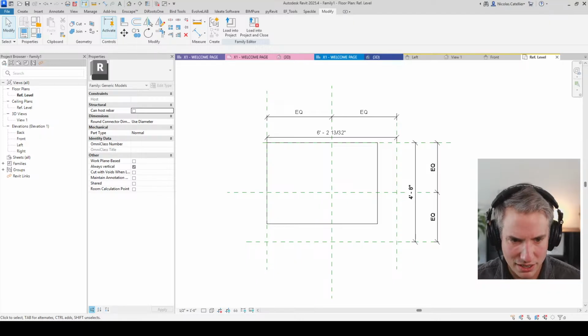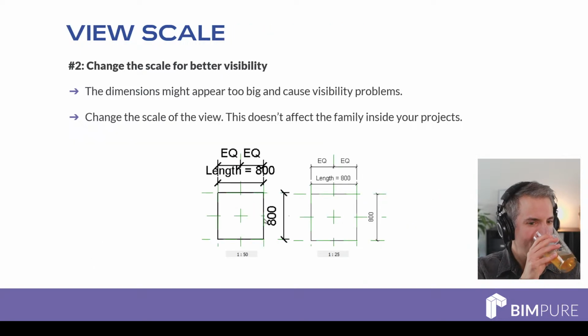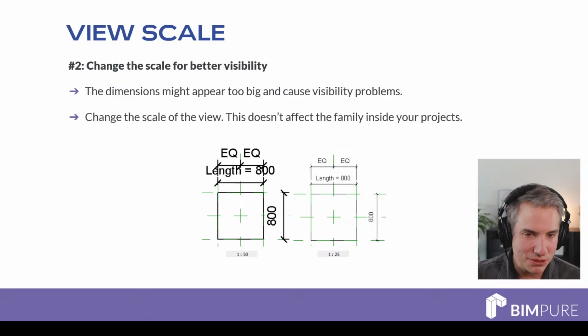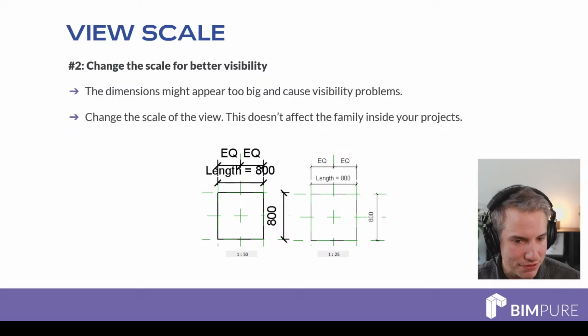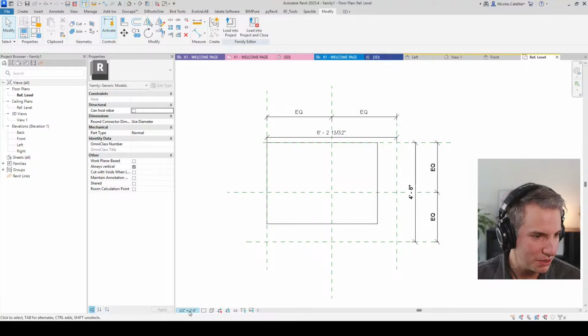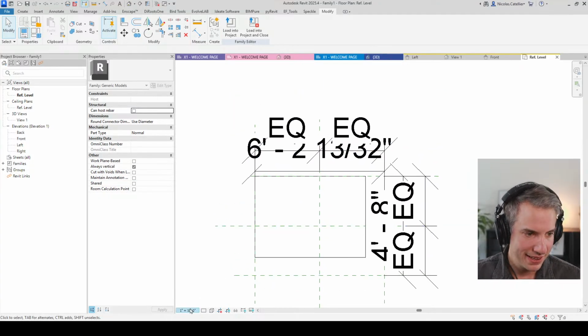All right, let's keep going. Let's talk about the scale. Something that happens with family creation is that the text gets very busy, with lots of dimensions on top of each other. In this case, it's not too bad, but let's say you have something like this.